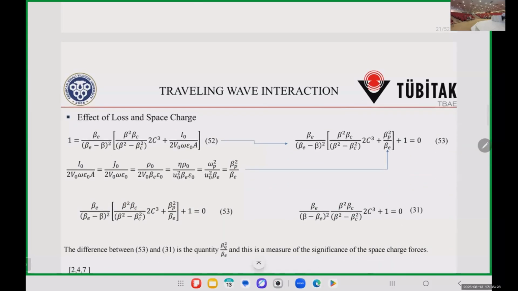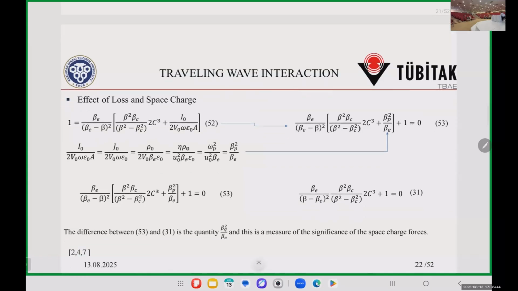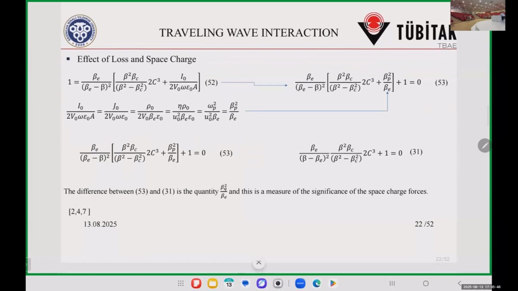So we have some mathematical manipulations here actually. We use these manipulations and we obtain equation 53 here. So this is our equation. We need to solve this equation. This is a four-wave equation.